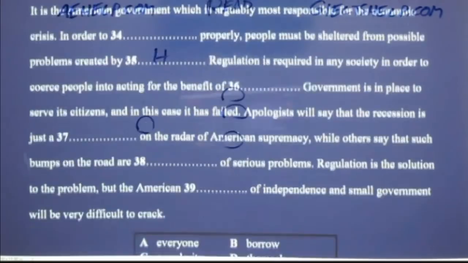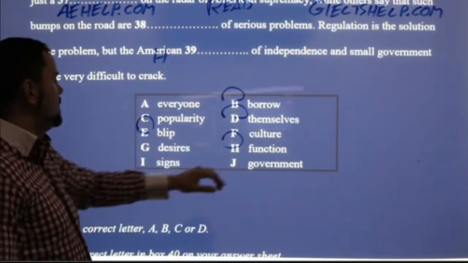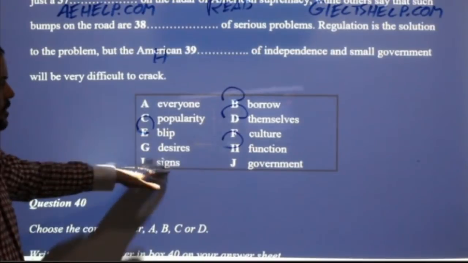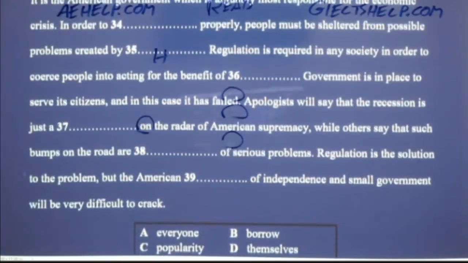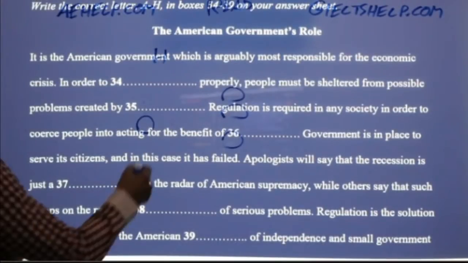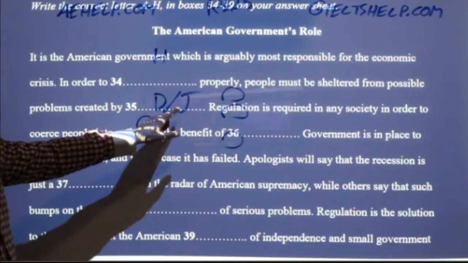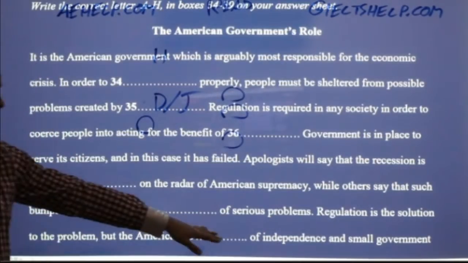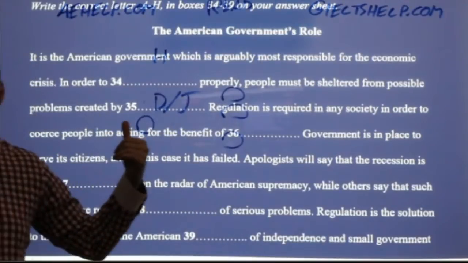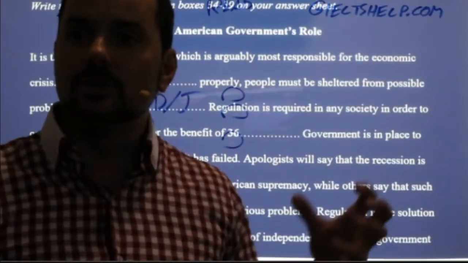Desires is a bit awkward, so I'm going with themselves and governments for now, D and J. Then I'll keep going, and if one of these fits better into another space, I can remove that and figure out which one is accurate. So I can deduce that.